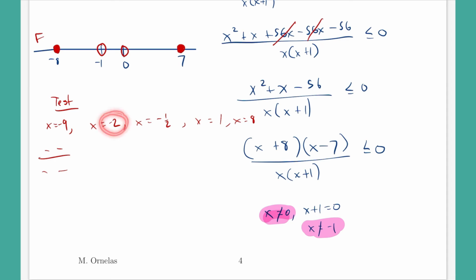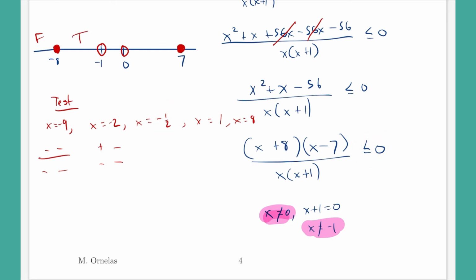All right, for the next one, negative 2, this would be positive. Negative 2, that would be negative. On the bottom, you would have a negative and another negative. So you have 3 negatives, which makes a negative. So overall, that would be a negative, which would make that true.